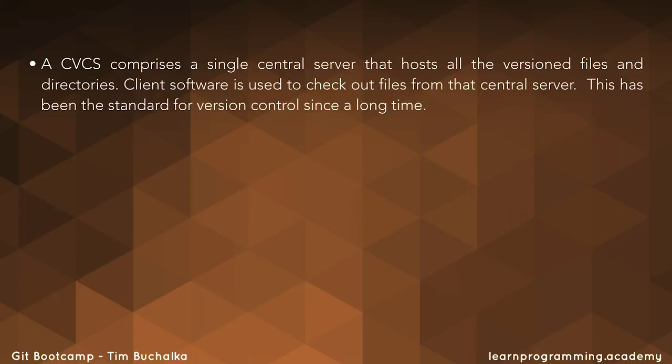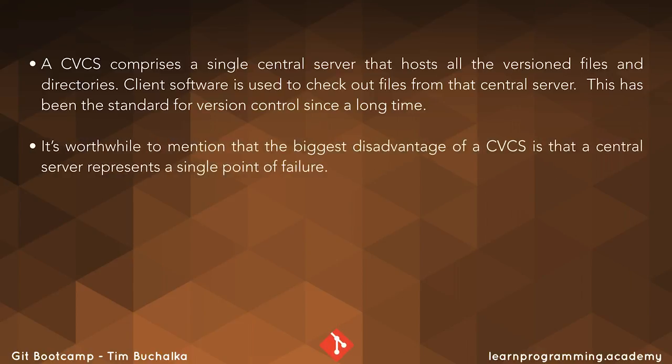So a centralized version control system comprises a single central server that hosts all the version files and directories. Client software is used to check out files from that central server. Now this has been the standard for version control for a long time. It is worthwhile at this point to mention that the biggest disadvantage of a centralized version control system is that the central server that it needs represents a single point of failure.